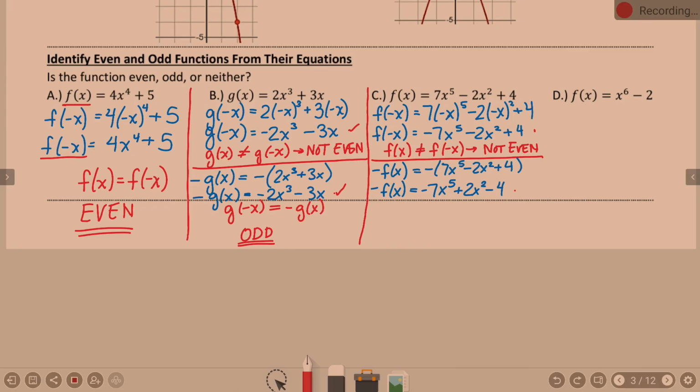It does not. So in this case, I'll go ahead and write it out as f of negative x does not equal negative f of x. So my brain says not odd. And if my brain says not even, not odd, then all that work gave us an answer of neither.